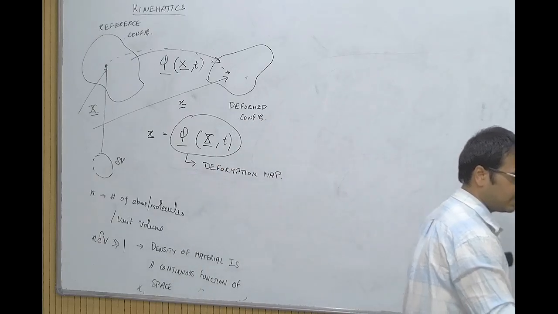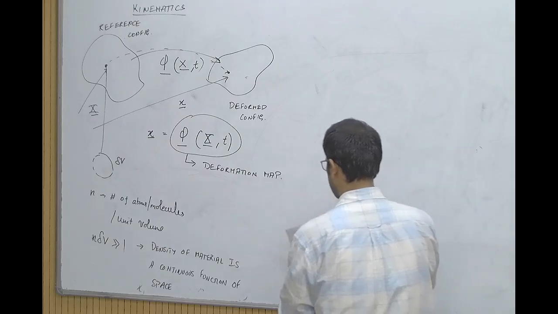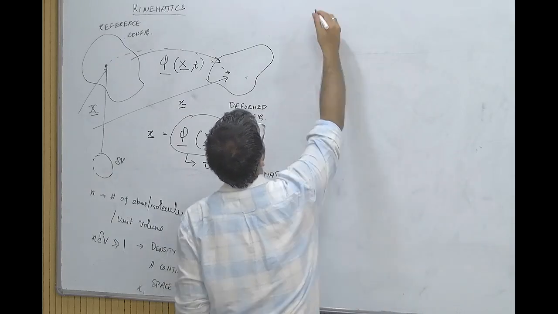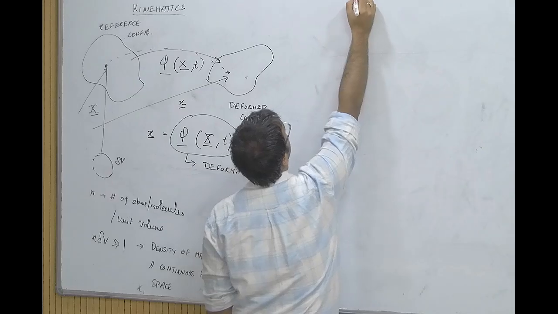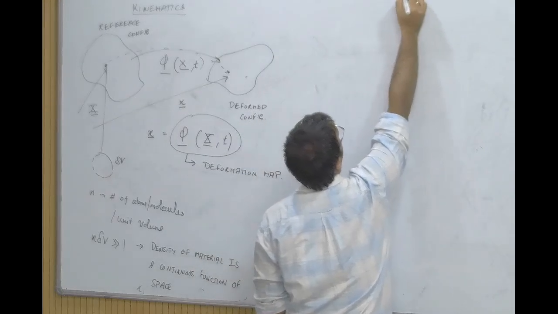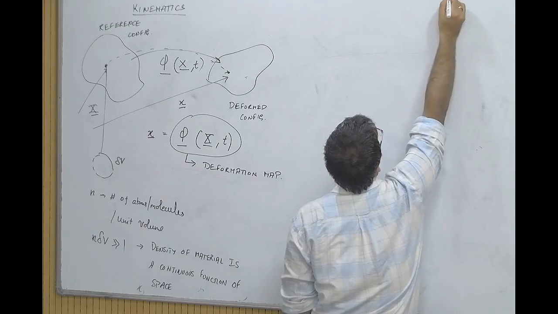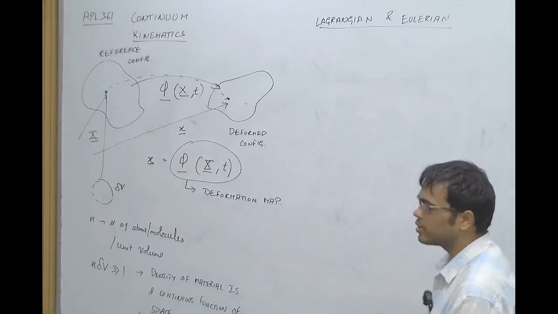Now, having done this, it is important to define what are known as Lagrangian and Eulerian descriptions. These are two sides of the same coin.